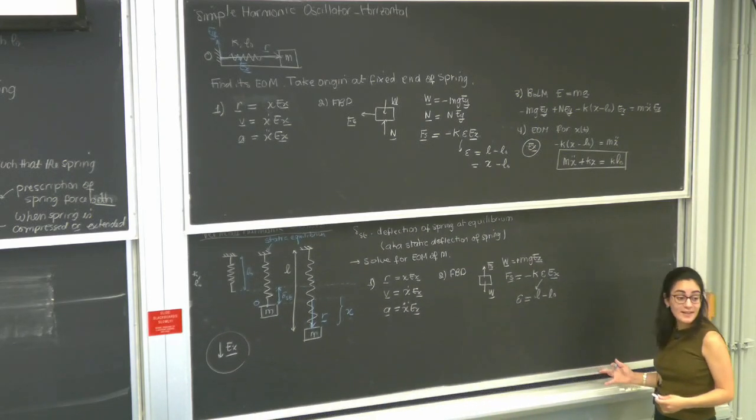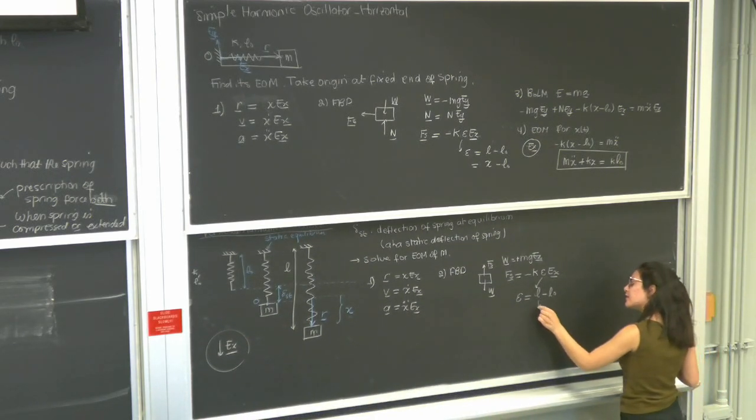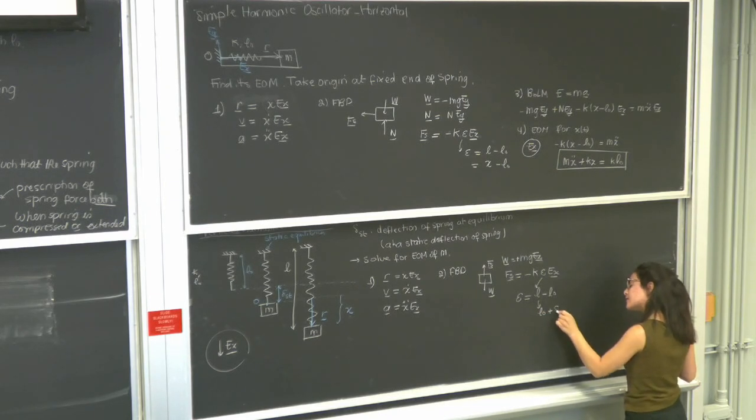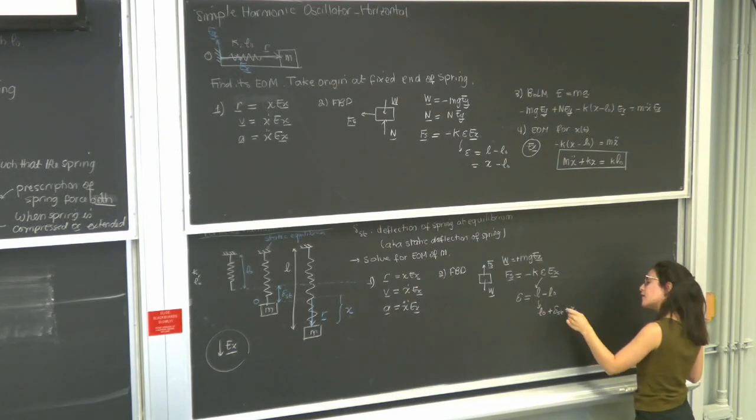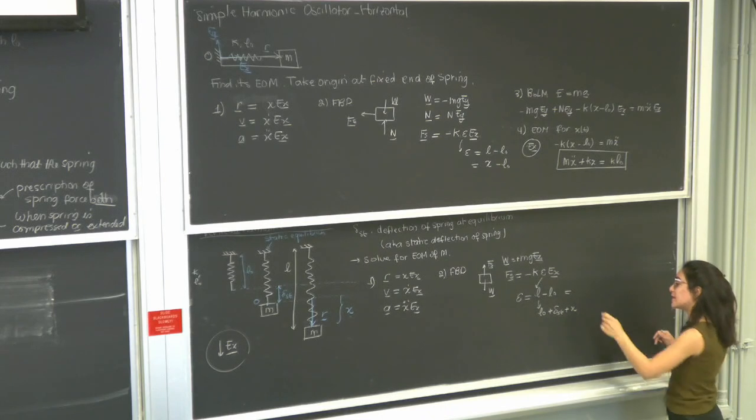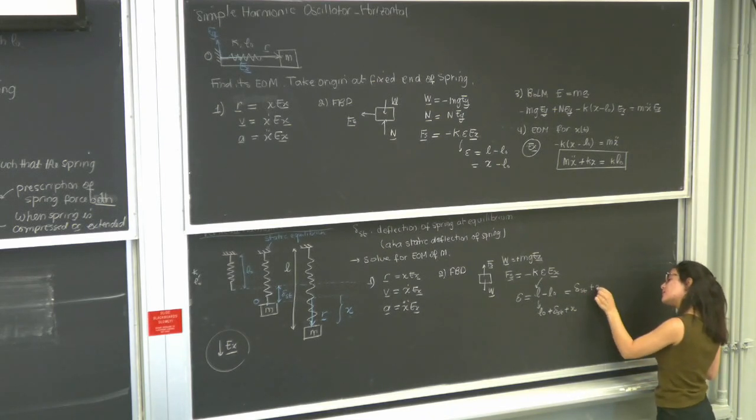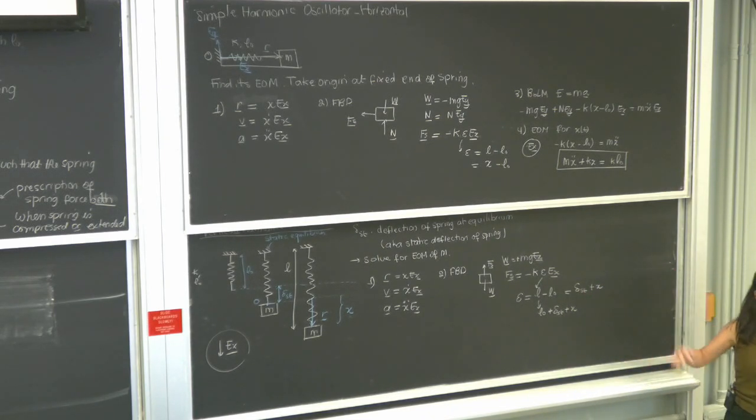Does that make sense? So my stretch is the static deflection plus the deflection due to the oscillations above the static configuration.